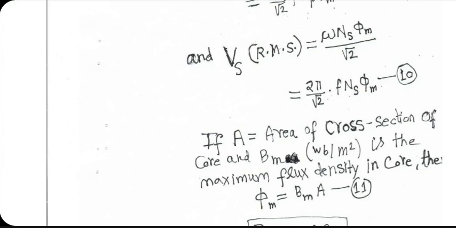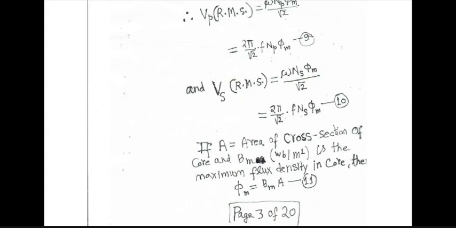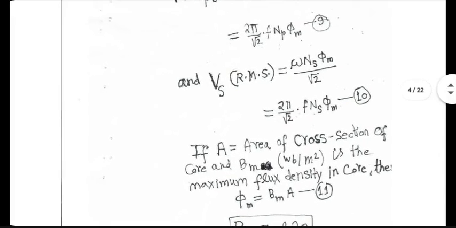Now, another parameter that is brought in is flux density, magnetic flux density, Bm. If the area of the cross section of the core is capital A, then the flux divided by area is known as flux density. Equation 11 essentially defines Bm.